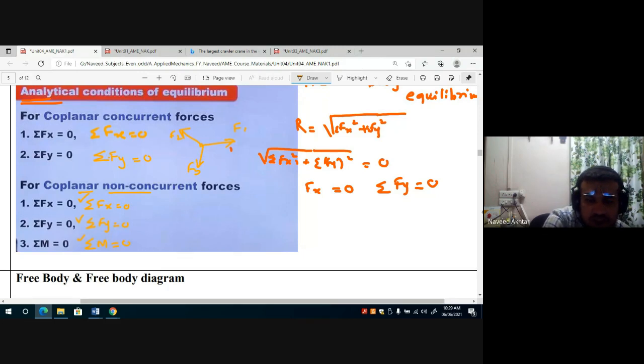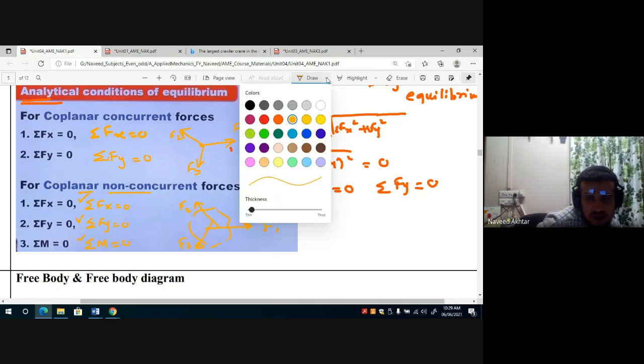But if the forces are not meeting at one point on the body, then this system of forces is called a non-concurrent force system, and the conditions of equilibrium for these forces are different.